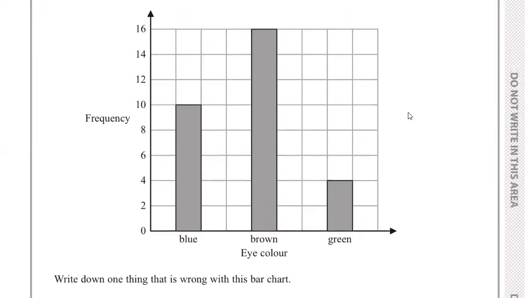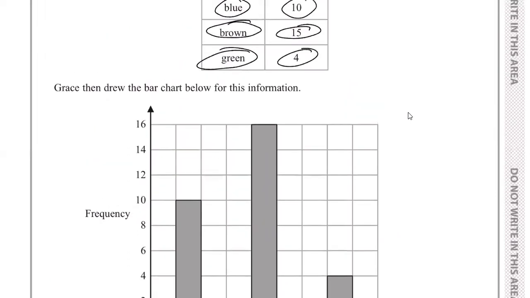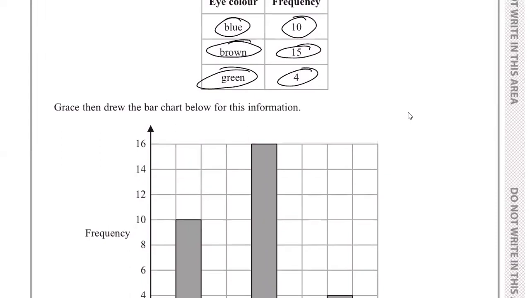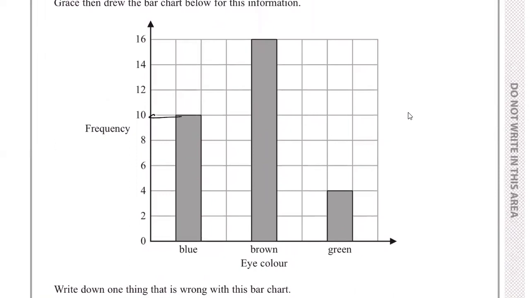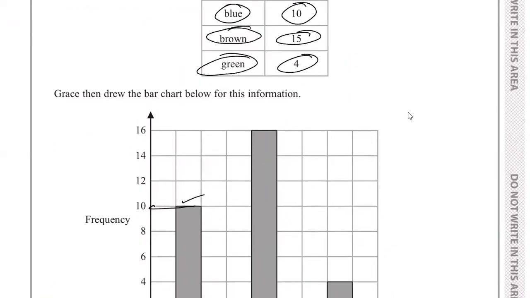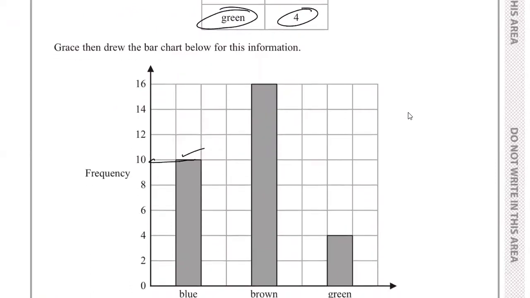Alright, so let's go back up to the numbers. Blue is supposed to be 10, so let's check. If blue is 10, yes, it is 10. So this is accurate. Now brown is supposed to be 15. However, let's look at it closely. It's actually 16. So what's happened? They're going up by 2. So brown should have been somewhere about here, halfway between the 14 and the 16.